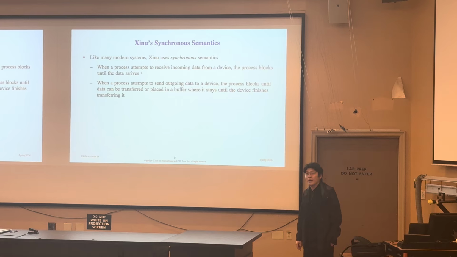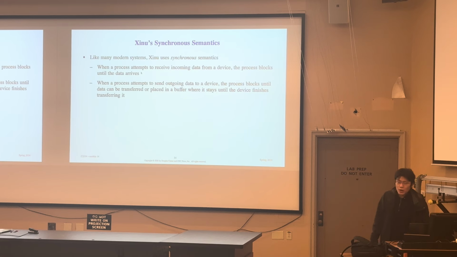They call it callback hell. When a bug happens in some callback, and there are multiple layers of callbacks, you don't know when the bug happened and where it happened, and it's very hard to debug. In Xenu, luckily we use synchronous semantics. It's much easier to develop and debug. So we avoid the asynchronous callback hell.